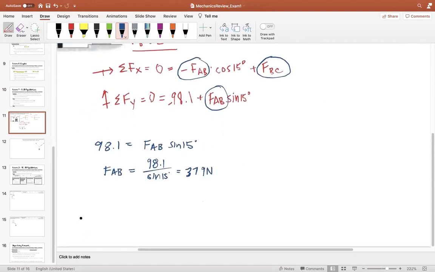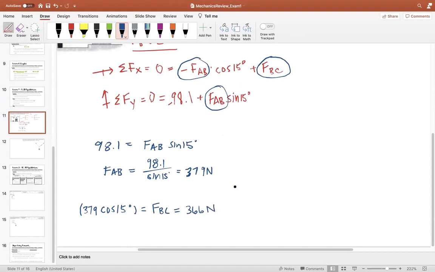All right, so I'm going to move it over to the other side so that they're both positive. So FAB, 379 cosine 15, equals FBC, right? That's 366. Yep.